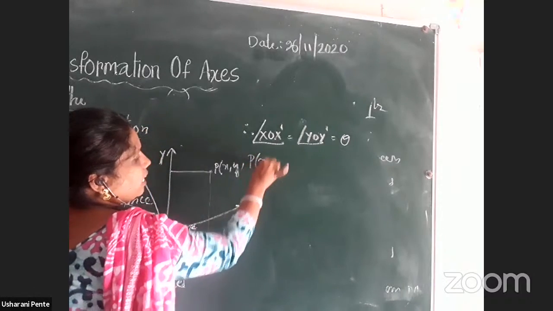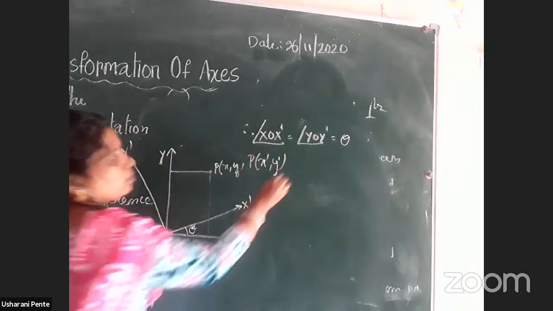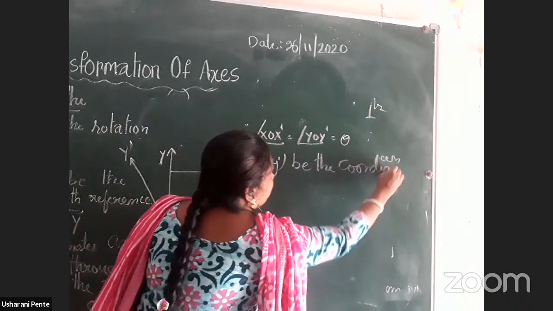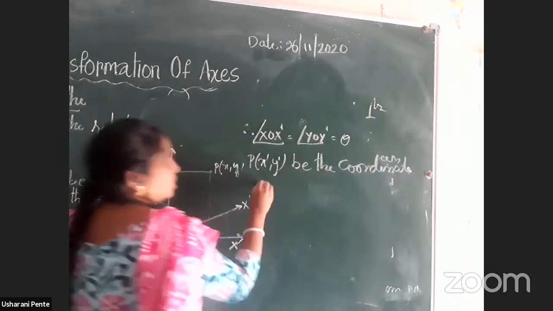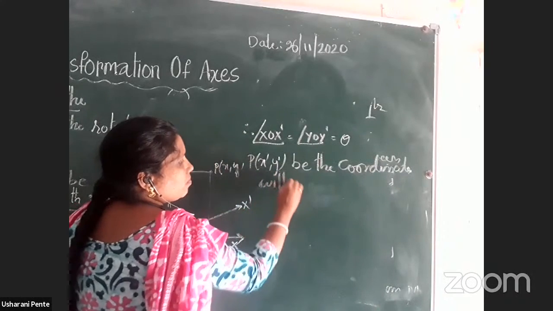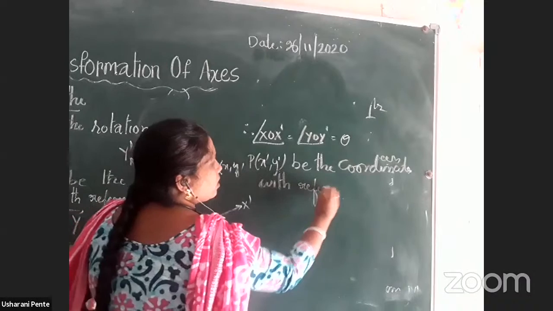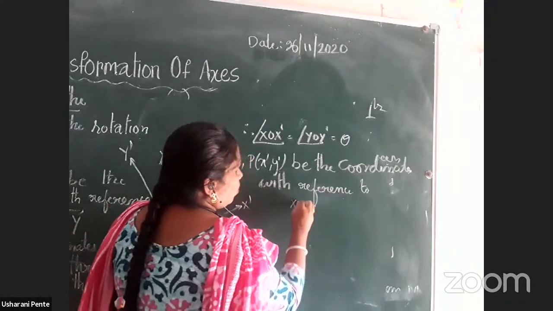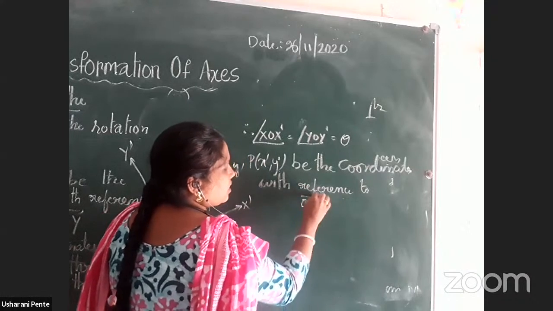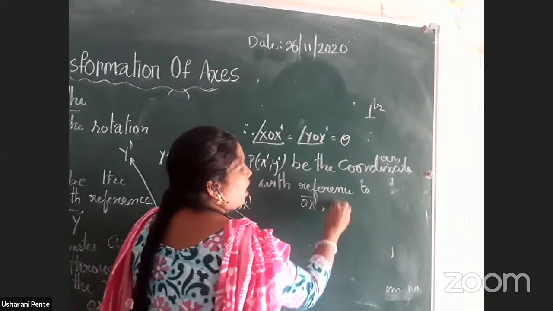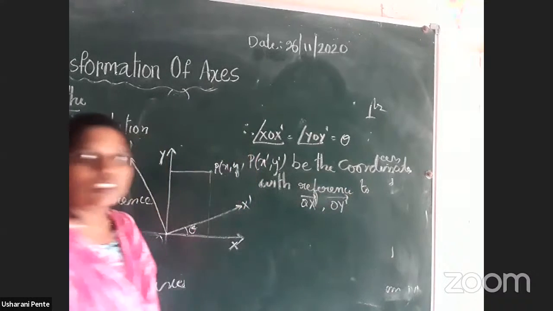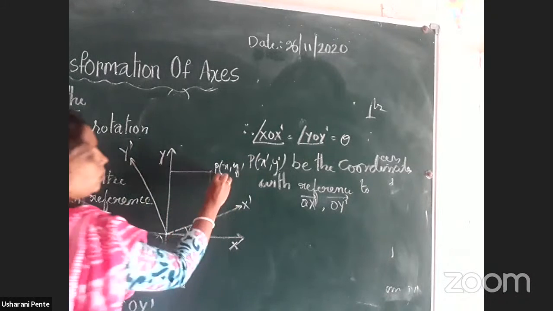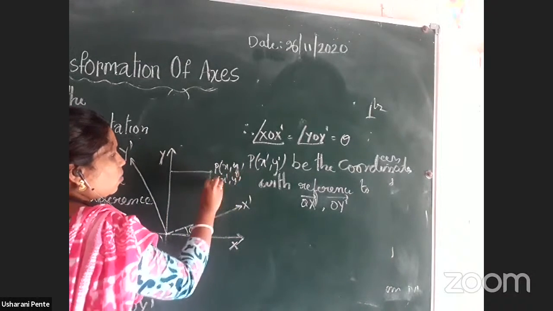Let P of x dash comma y dash be the coordinate with reference to the new axes OX dash and OY dash, that is x dash and y dash.